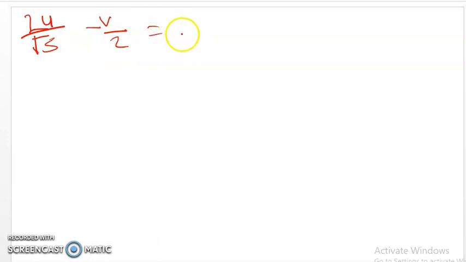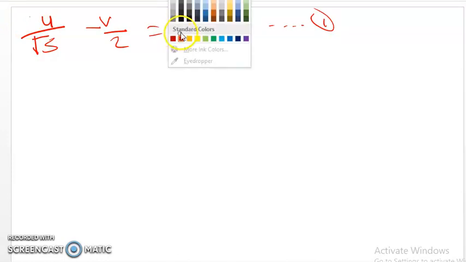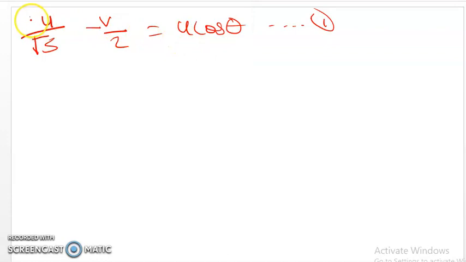This will be equal to u cos theta. So let's call this our equation 1. When we do a little simplification, that's what we have. So this is what we have.